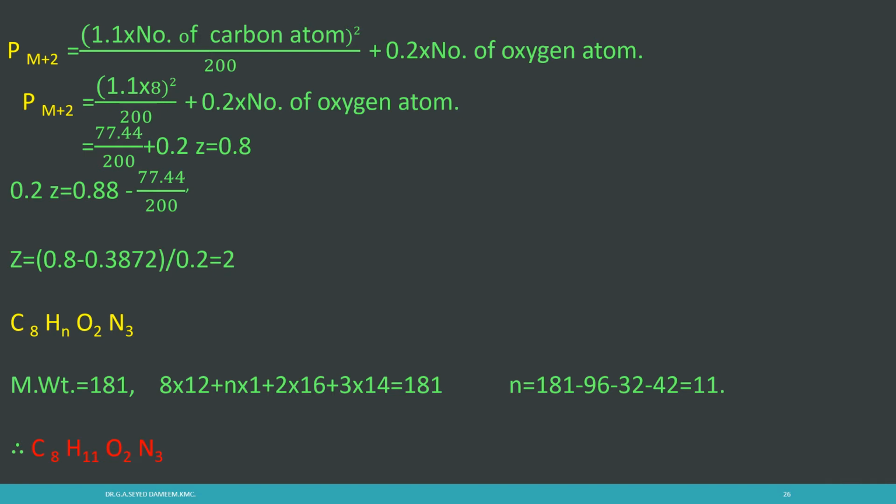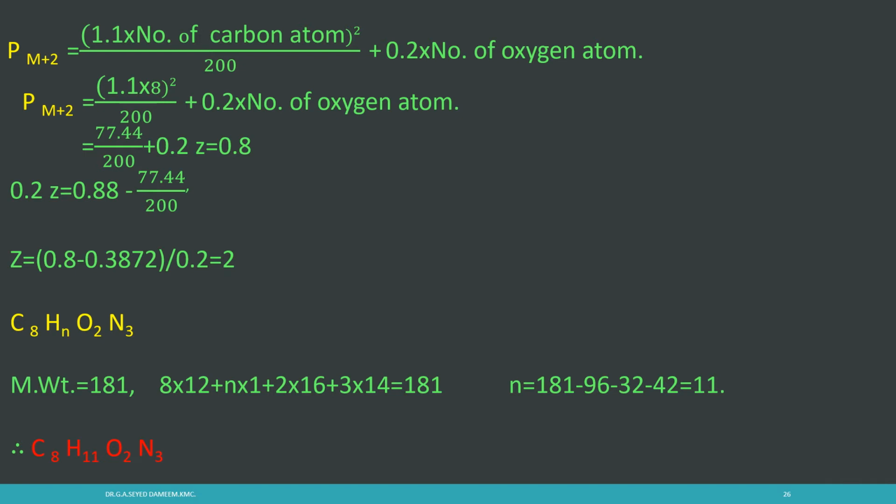By substituting the atomic weights of carbon, hydrogen, oxygen, nitrogen with the numbers, the total molecular weight is 181, that is 8 into 12, where 12 is the atomic weight of carbon, plus n into 1, the atomic weight of hydrogen, plus 2 into 16, where 16 is the atomic weight of oxygen, plus 3 into 14, where 14 is the atomic weight of nitrogen. By substituting all these values, we can simply calculate the value of n, and the value of n is 11, that is the number of hydrogen atoms in the formula is 11.